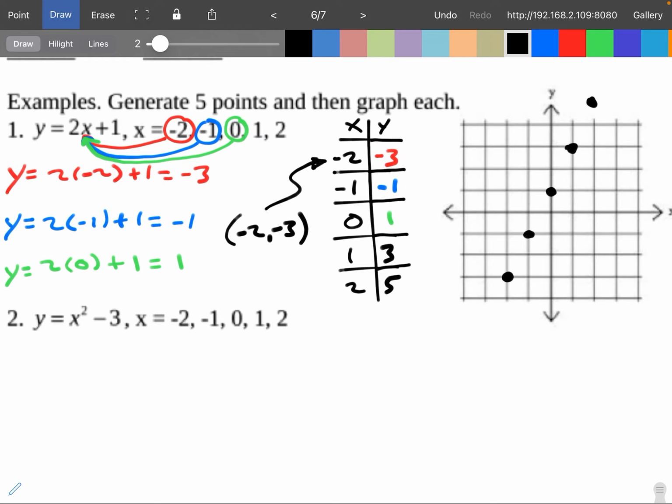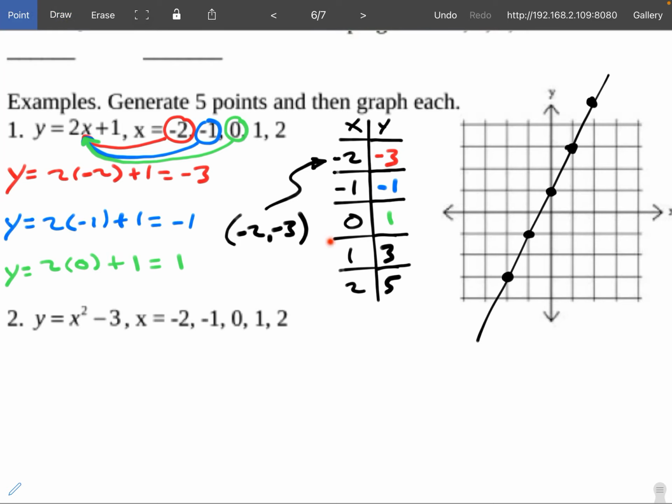So let me move this down just a little bit. So we're going to connect the dots like, ooh, I missed. Hold on. That's better. Now, I chose these 5 x values, okay?